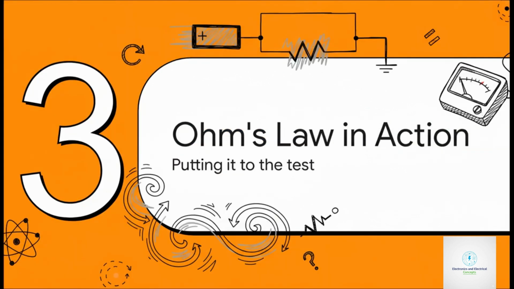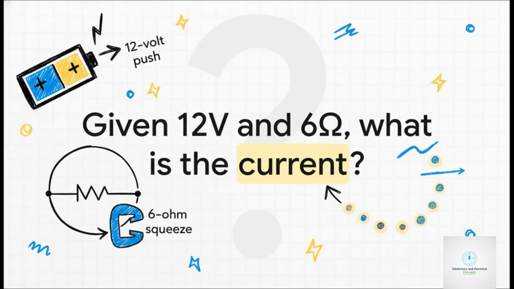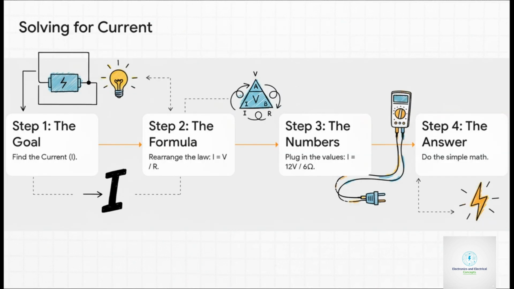Okay, so theory is one thing, but let's see what this formula can actually do. Let's put it to the test with a real-world example and plug in some actual numbers. All right, time to solve a little puzzle. Let's say you have a basic circuit. We know it has a 12-volt push and a 6-ohm squeeze. So the big question is, how much flow, how much current are we actually going to get out of it? Well, using our formula, this is super easy.